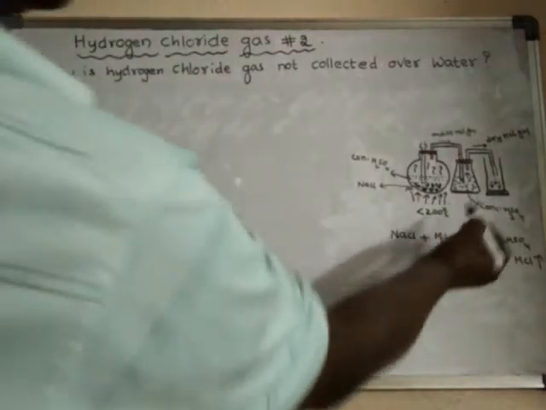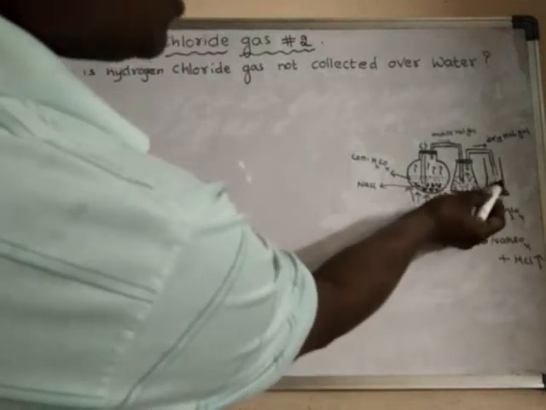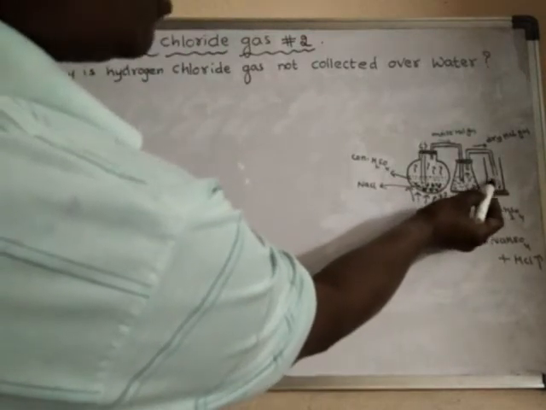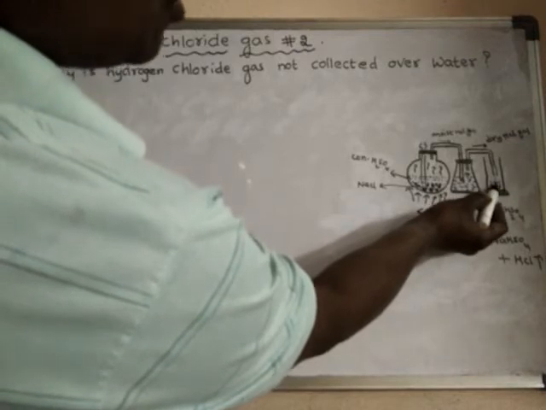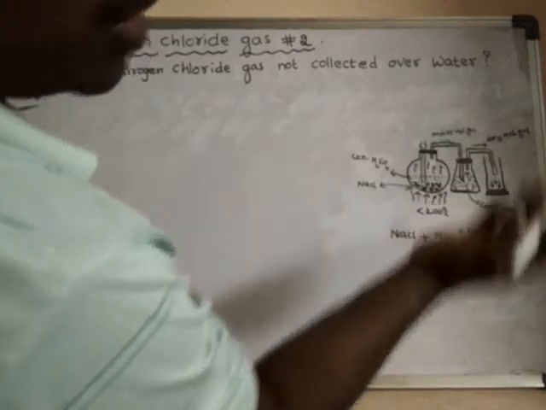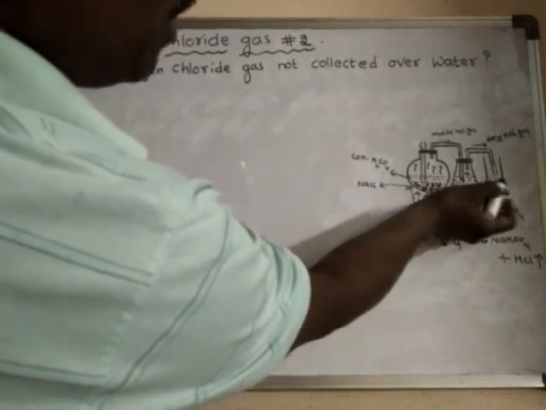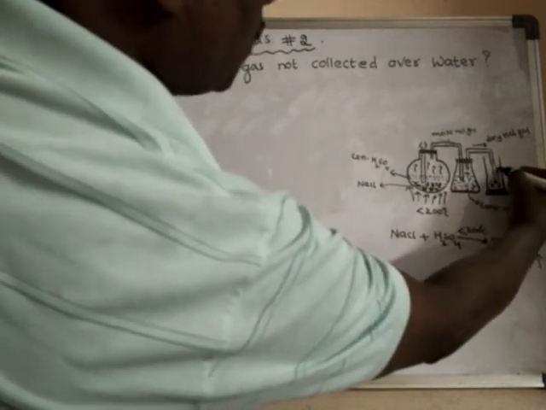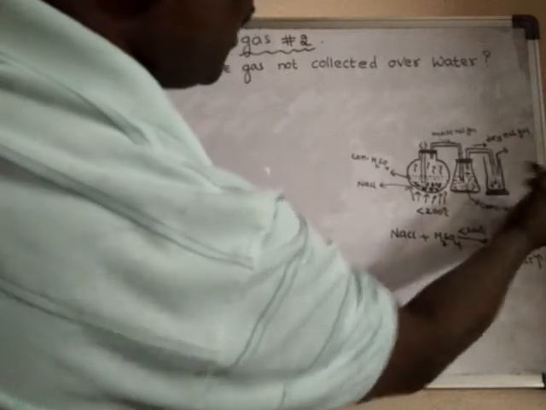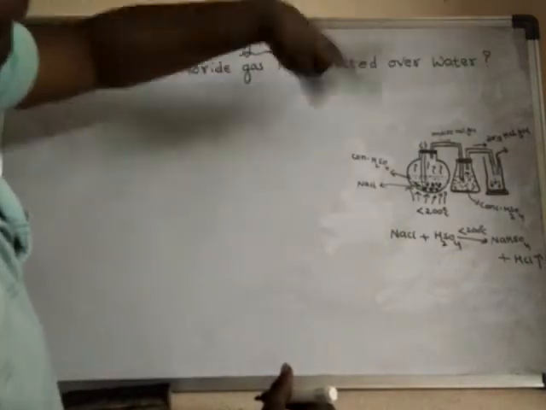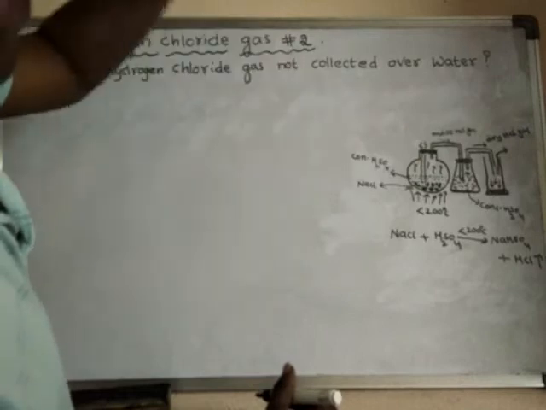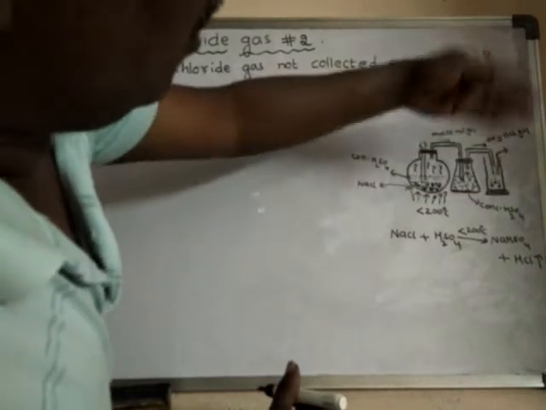The collection method of HCl gas is this: as it is heavier than air, it will come and settle at the bottom by throwing out the air. That means HCl gas is moving down, and it throws away the air. Air is pushed away, displaced upward.